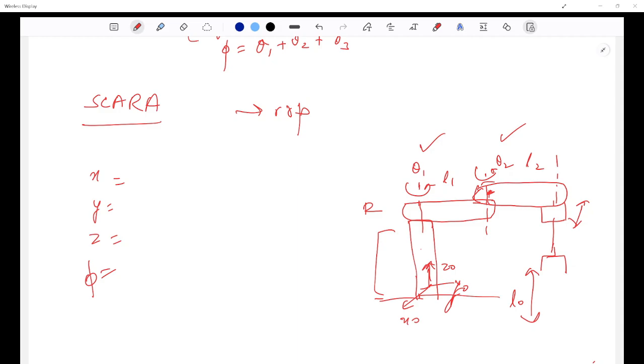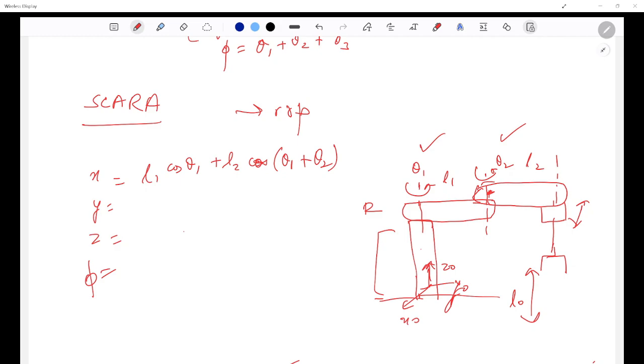So it is very similar to what we did for a 3R planar manipulator. We don't have any third rotation coming in here, right? So whatever position you're going to get for x would be, the first link length is L1, L1 cos theta 1 plus L2 cos(theta 1 plus theta 2). We do not have any third term coming here.